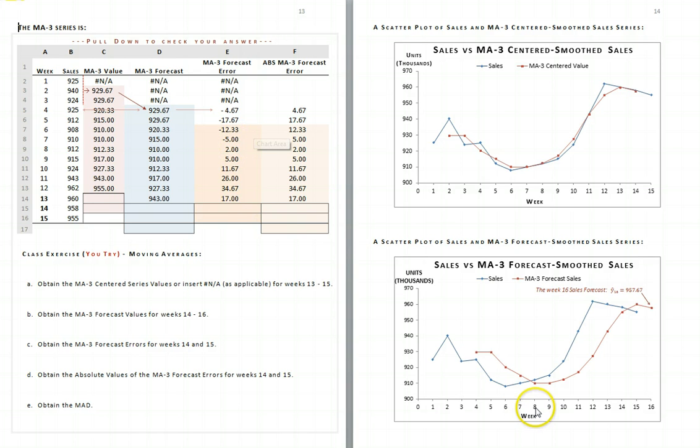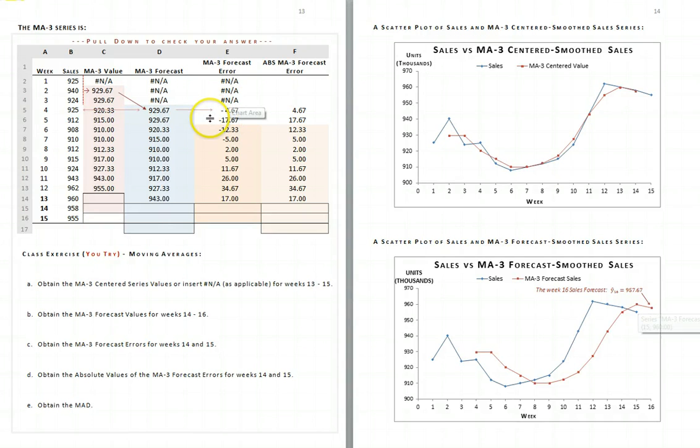But once we get to period 8, the actual minus the forecast MA3 value is in fact positive, and actual minus forecast continues to be positive until we get to the 15th period, when once again it becomes negative.